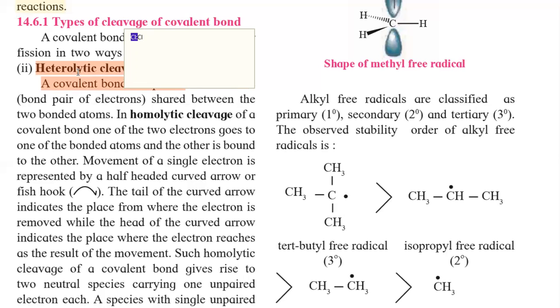So the product obtained after breaking of this bond is Cl with one dot, a chlorine with a single electron, which is called a chlorine free radical.